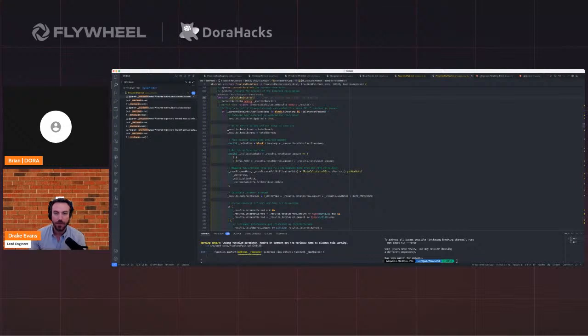This code is available on the repo. I just pushed up code recently for V2, so that should be all up to date. And like I said, the links for that are in the Notion doc.